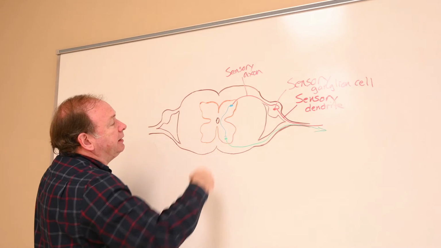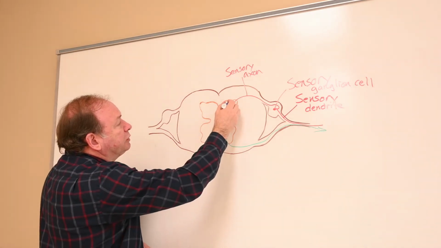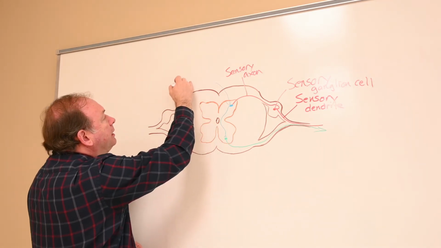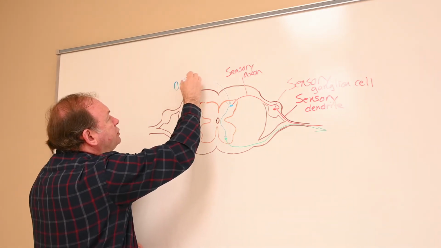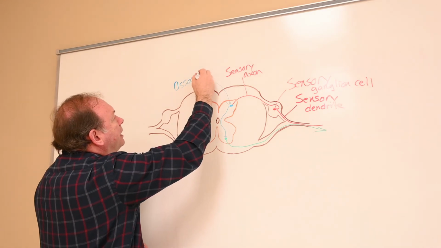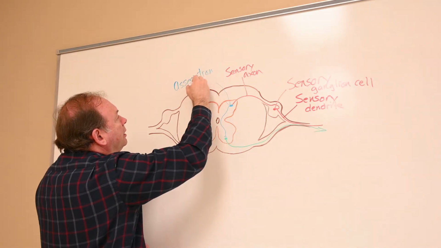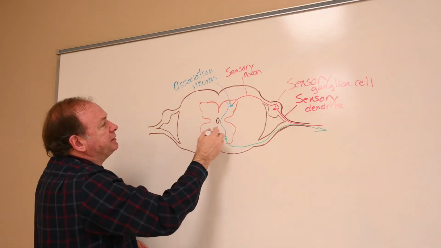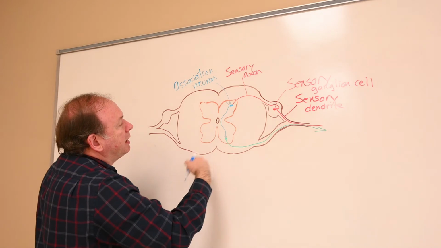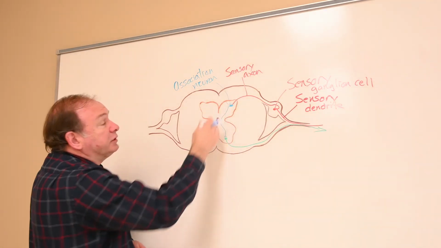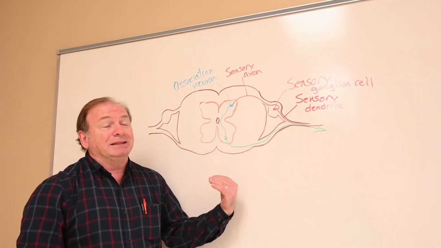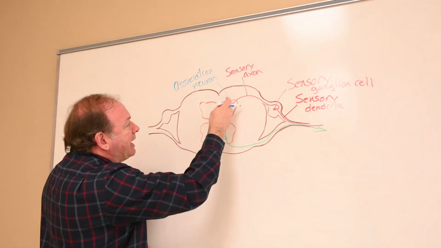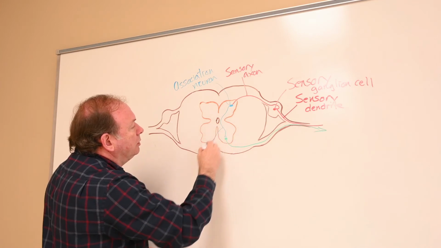The next cell in our route here, this one right here, we're going to call that an association neuron. So it receives that signal from the sensory ganglion cell. The association neuron is going to relay that signal from the dorsal gray matter to the ventral gray matter. And so this is an axon that travels between the two.